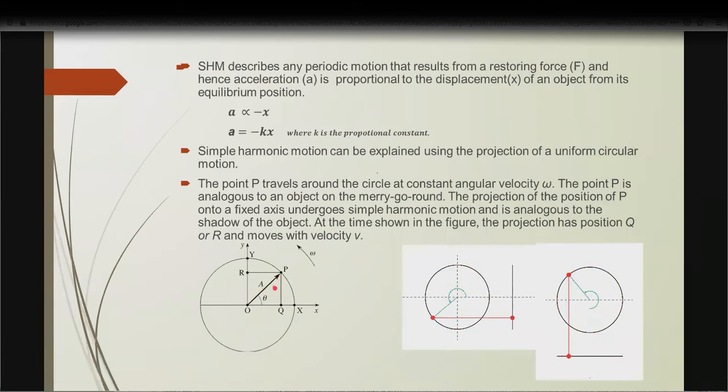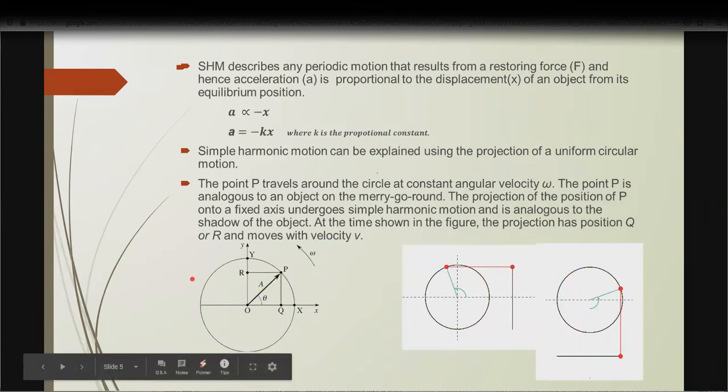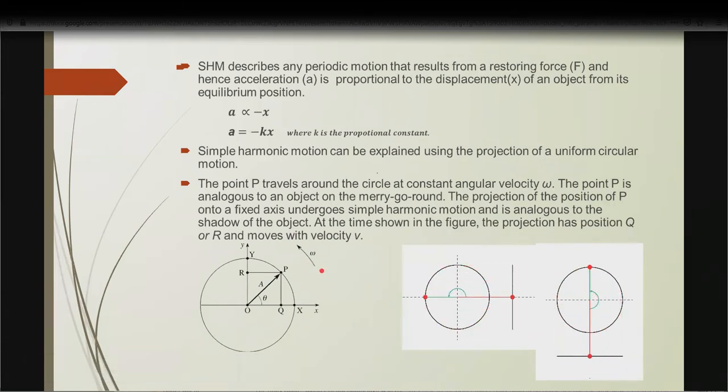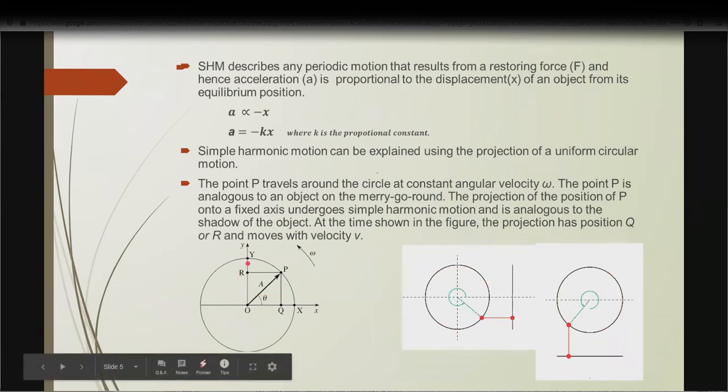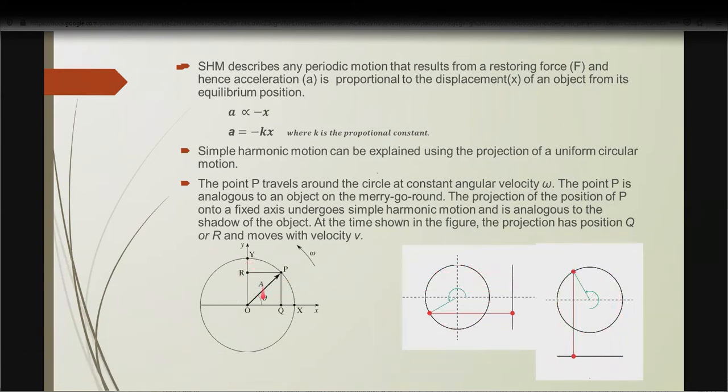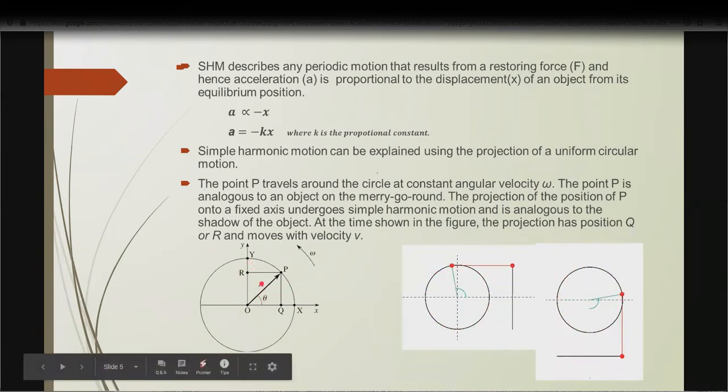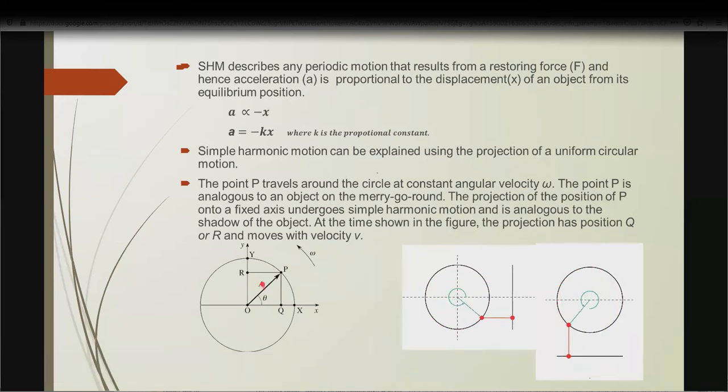But we know, according to circular motion, theta is equal to omega t, just like s equals ut. So OR can be written as A sine theta, A sine omega t.